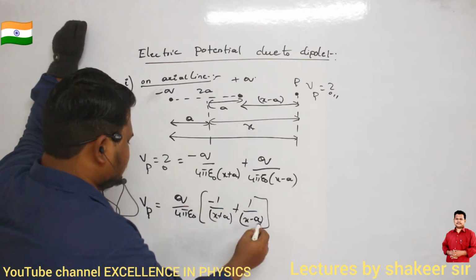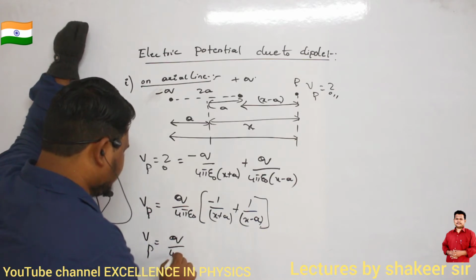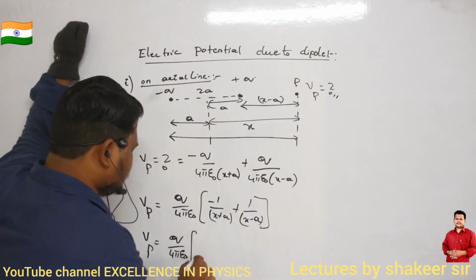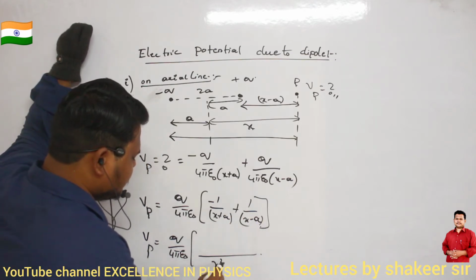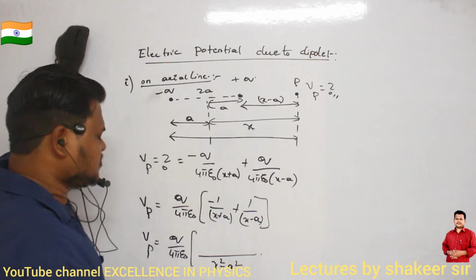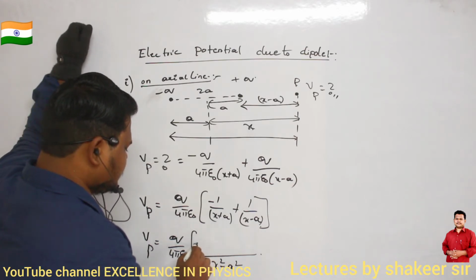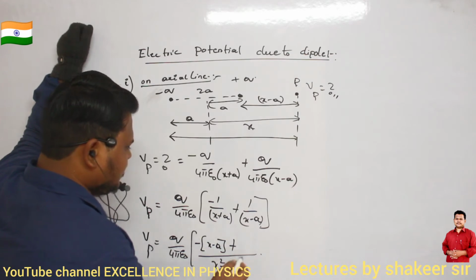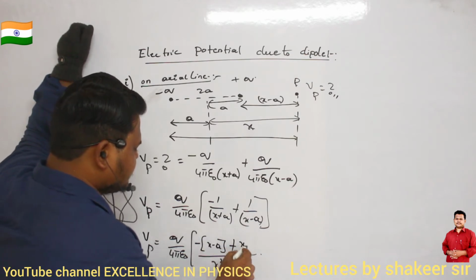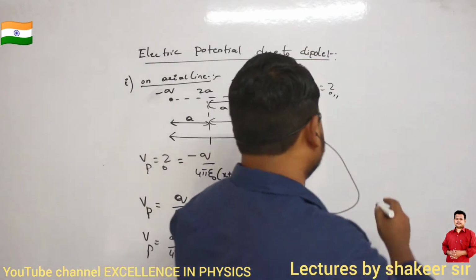So if I take their LCM, Q divided by 4 pi epsilon naught into, this is of the form of a plus b into a minus b, so I can write x square minus a square. Here I have x plus a, so I will get minus of x minus a, and here I have x minus a, so I will get x plus a.